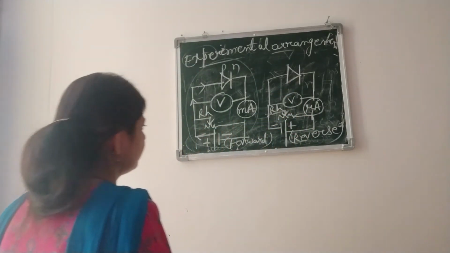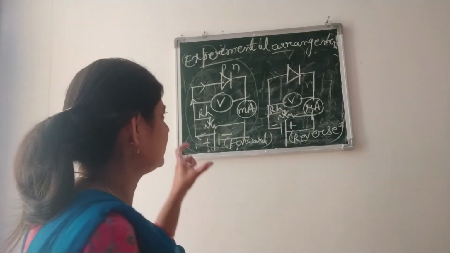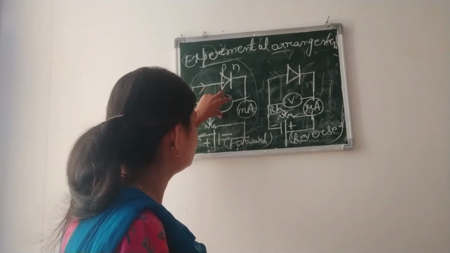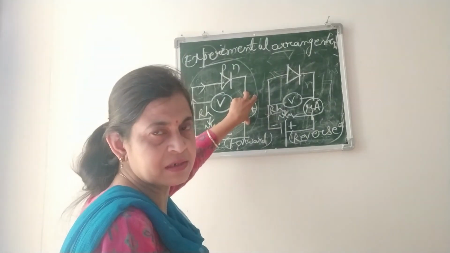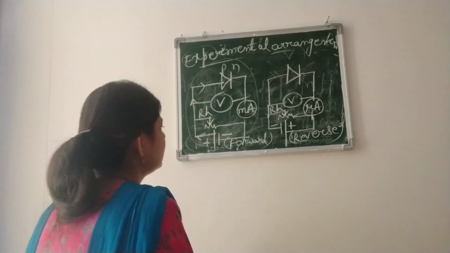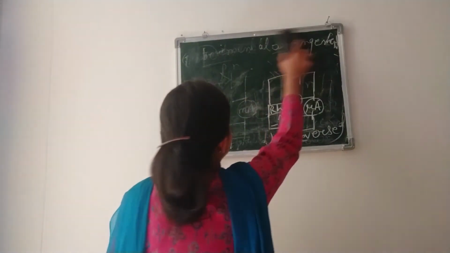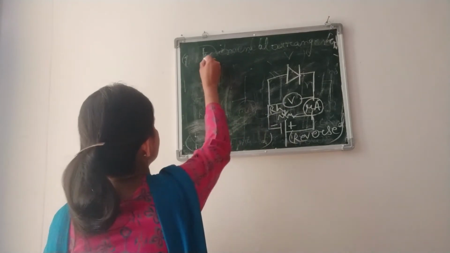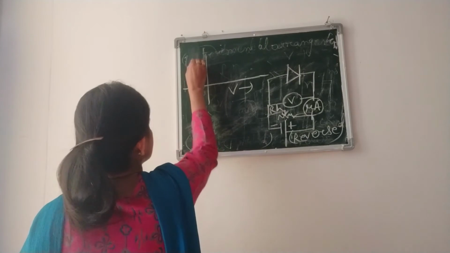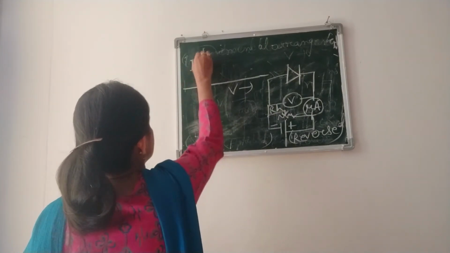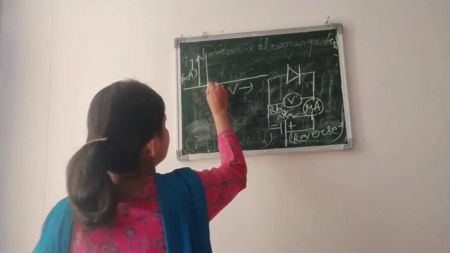Now, if we study the VI characteristics curve, by taking the readings of the voltmeter for the different readings of the milliammeter, that means for the current readings, then the graph will be like this. I means the current in your milliammeter.